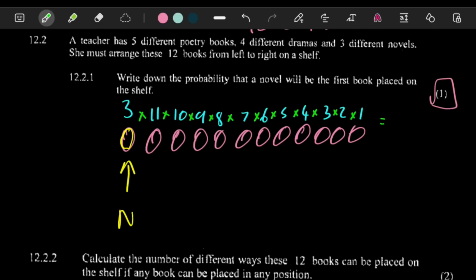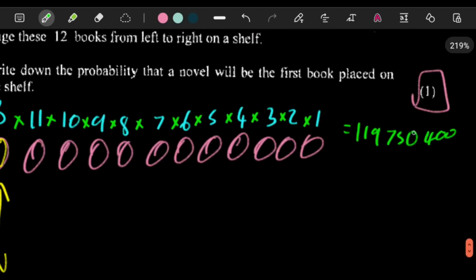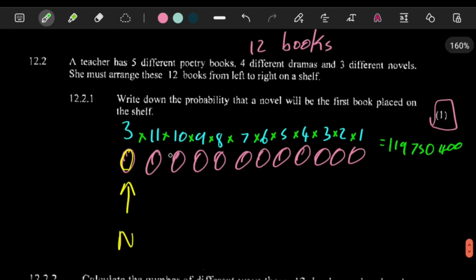That's going to give you such a big number. It's a million something. 119,750,400. Okay, that is quite interesting. But yeah, that's the number of arrangements.